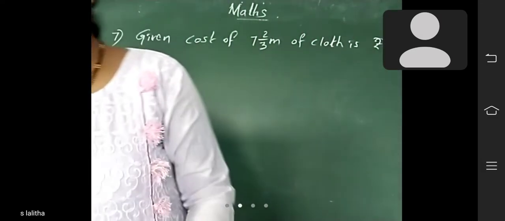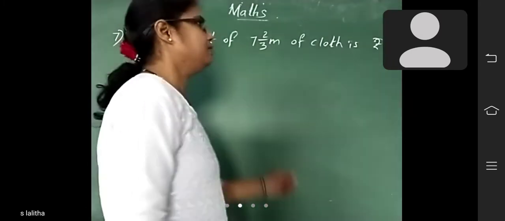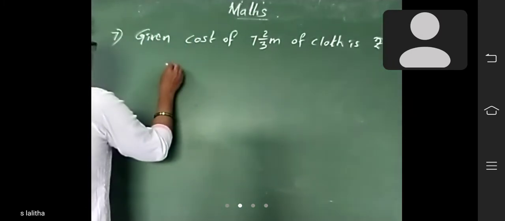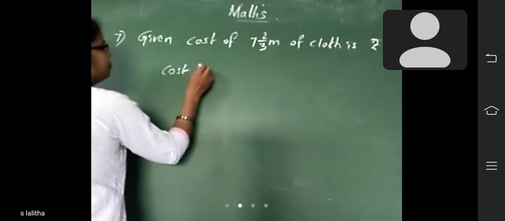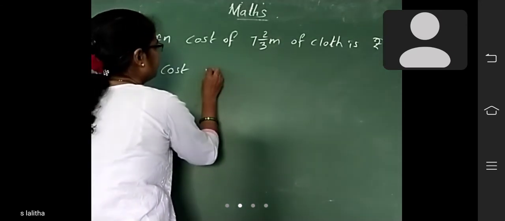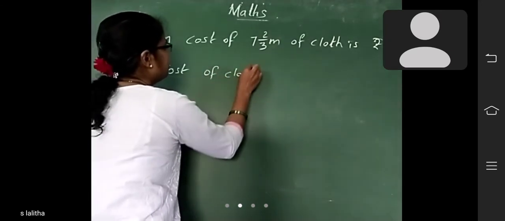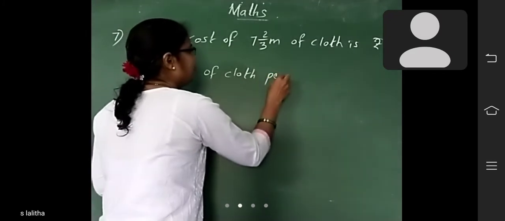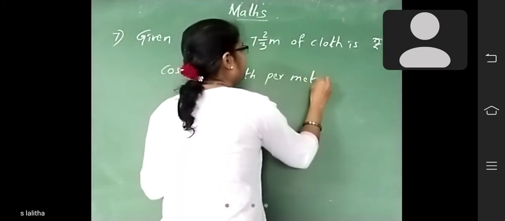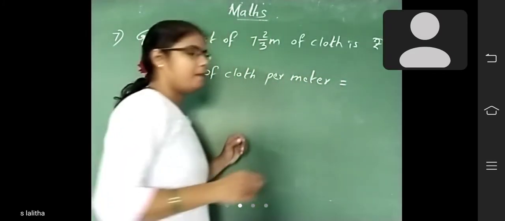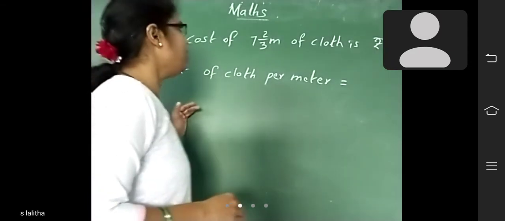You have to find the cost per meter. So cost of cloth per meter. So per meter, how much? How do you have to find?